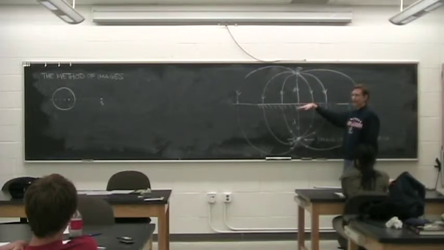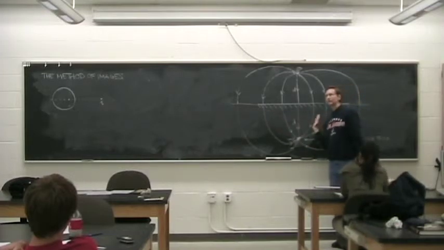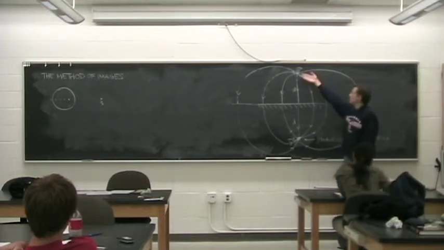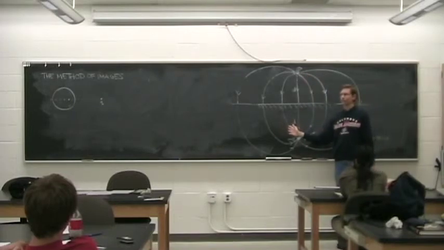Let's say the plane is the xy plane and the charge is along the z-axis. If the charge is at z equals plus d, if I put a minus charge of the same magnitude at z equals minus d and drew the electric field configuration, well, it would be the mirror image of the electric field configuration above the plane, right? So certainly plus q, minus q, this is what their field configuration would look like.